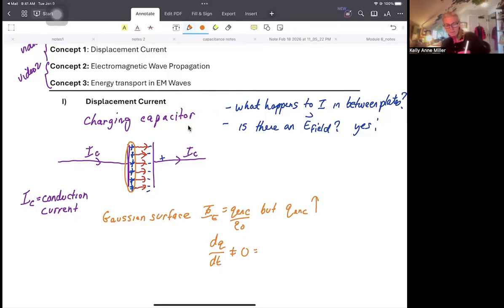It's equal to some value that's time dependent, right? So it's epsilon naught times dΦ/dt, the change of the flux. As more and more charge builds up on the plate, the electric field gets stronger and stronger, and the flux through some Gaussian surface gets larger and larger.